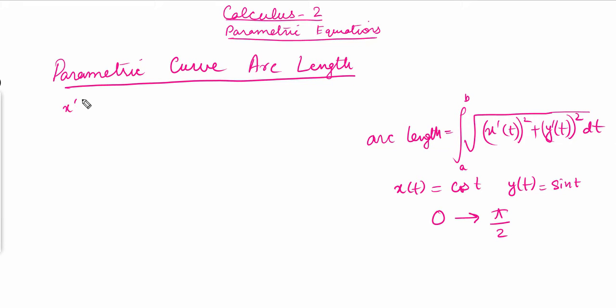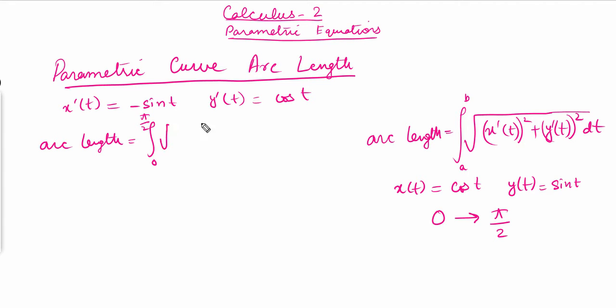So we'll have x prime of t equal to minus sine t, y prime of t will be equal to cos t. So the arc length will be equal to the integration from 0 to pi by 2 of the square root of the square of this one, that will be equal to minus sine t whole square, plus the square of this one, that is cos t whole square, with respect to t.